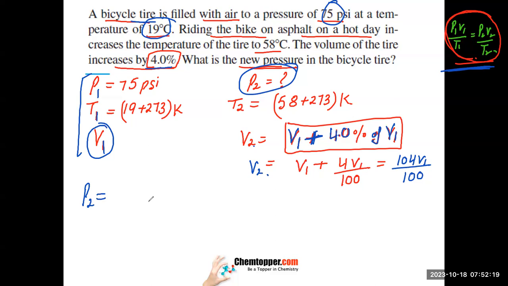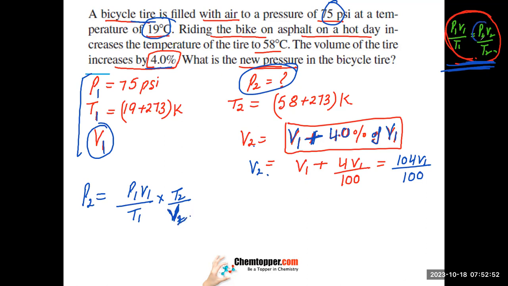You can see P1, T1, V1, T2, V2 are given. So I'm going to use the combined gas law. Isolate P2. So P2 will be P1 V1 over T1 times T2 over V2. Am I right? See, I'm isolating that.